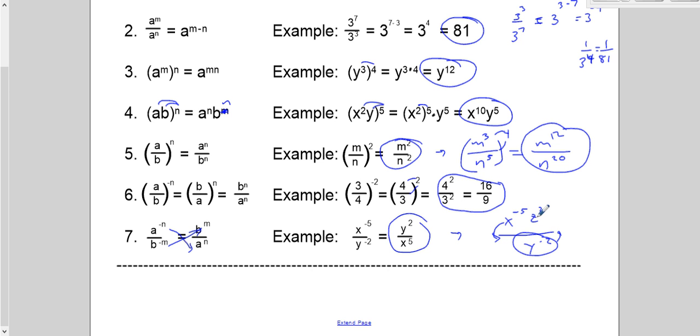But the z squared is going to stay there. It's not going to move. So I will get x to the 5th in the denominator, and y squared goes in the numerator along with the z squared. So y squared z squared over x to the 5th would be my final answer for that example.